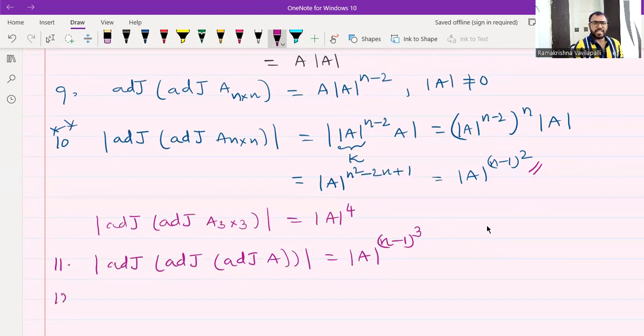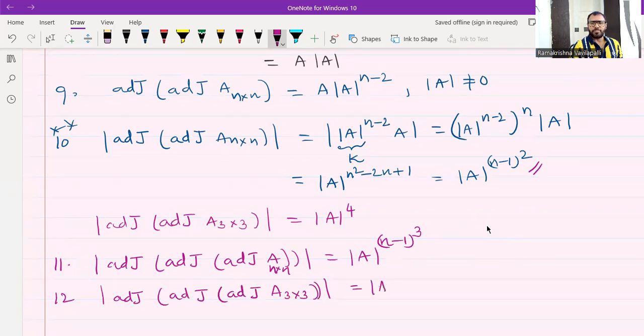If we take A as a 3 by 3 matrix, then det A to the power of n minus 1 whole cube means you will get 8.